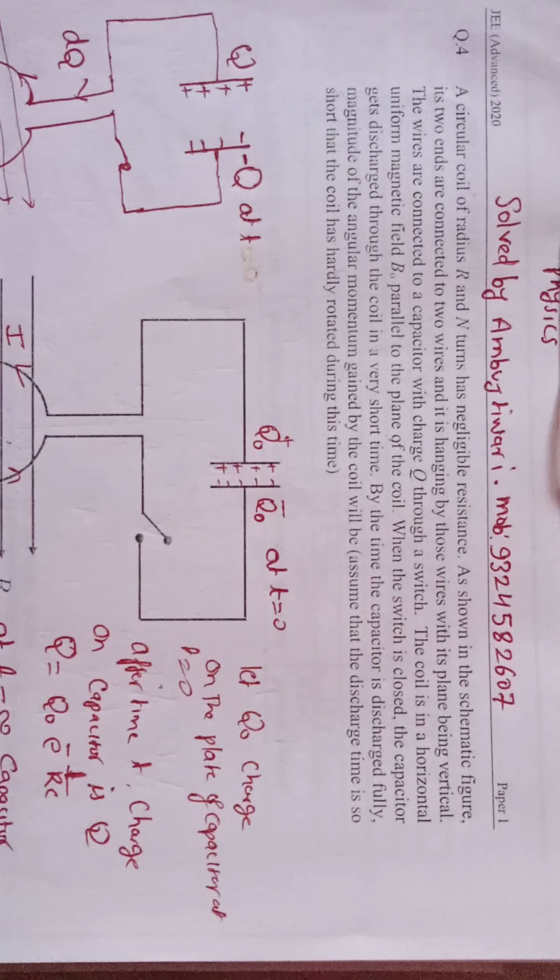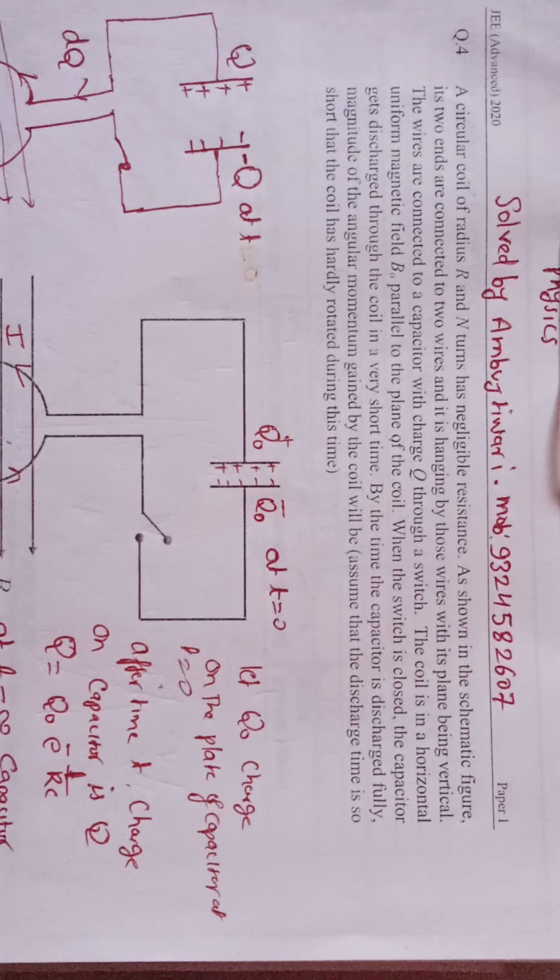Then we find the magnitude of the magnetic dipole moment of the coil, and this magnetic dipole moment is placed in the external magnetic field B0. Then there is a torque, and we find the torque acting on the magnetic dipole moment.